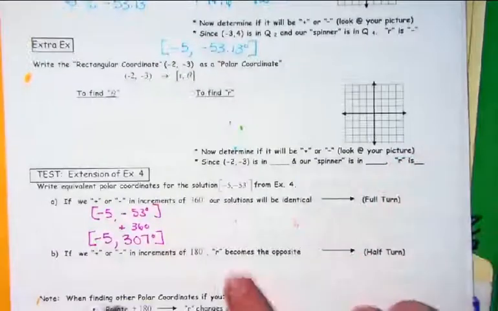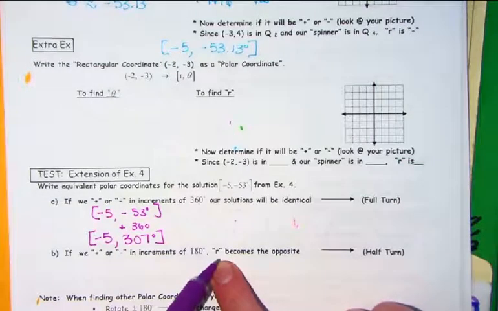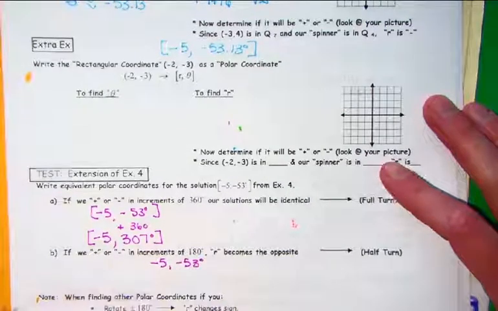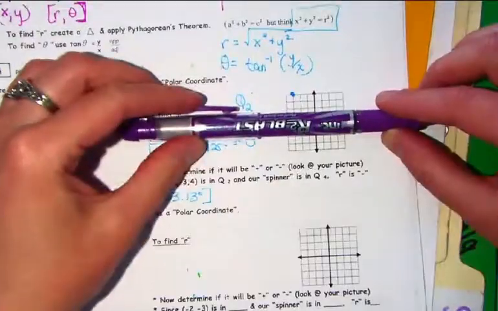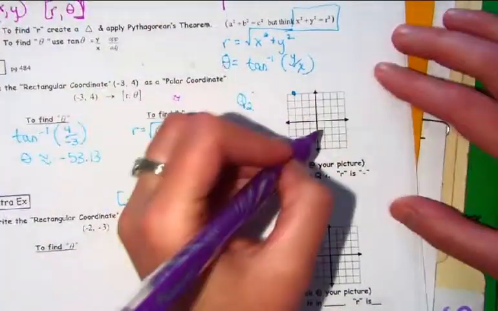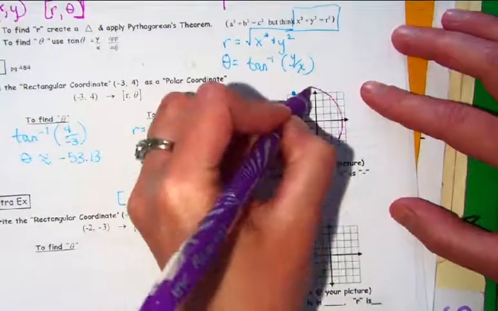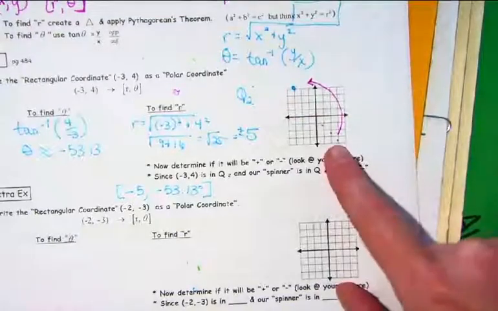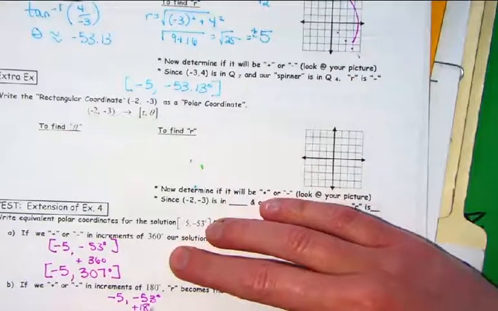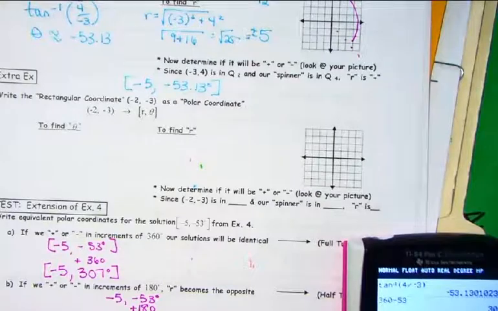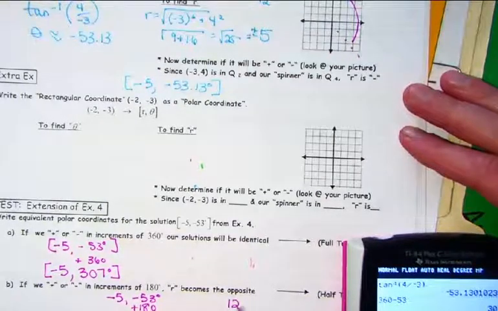I also can do it by changing this to a positive radius. If I have -5, -53 degrees, if we picture this, instead of me moving my angle downward like this, what if I wanted it to be a positive angle measure and get to this point with a positive radius? You see what I need to add to it? I'm going to be adding 180 degrees, and when I do that, I get 127 degrees.